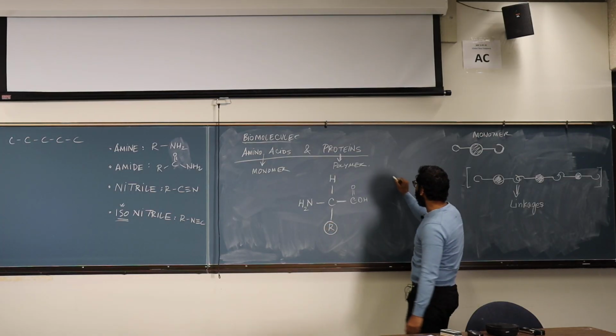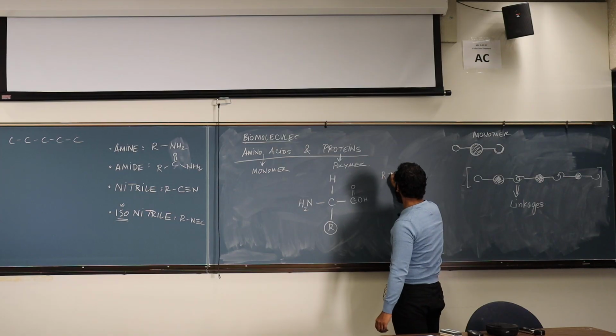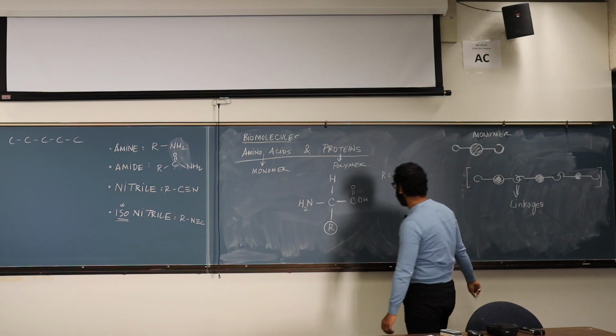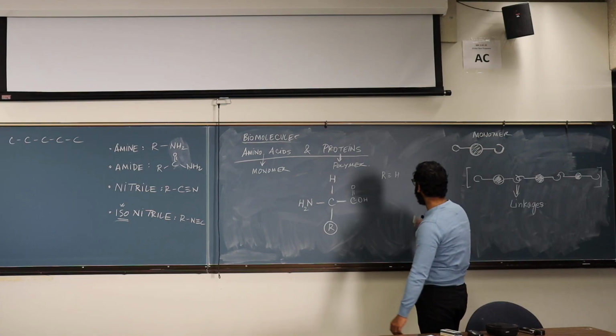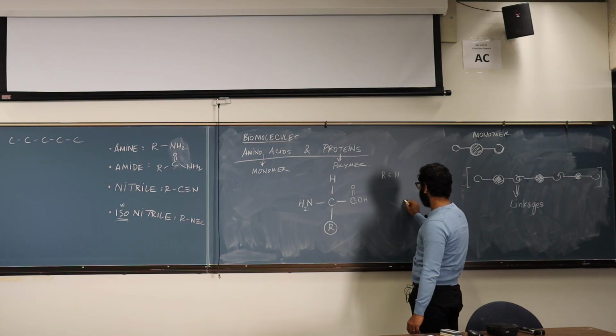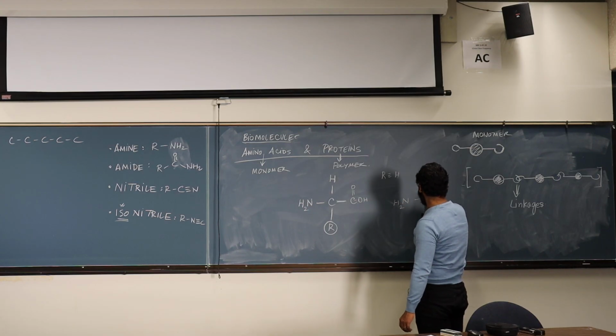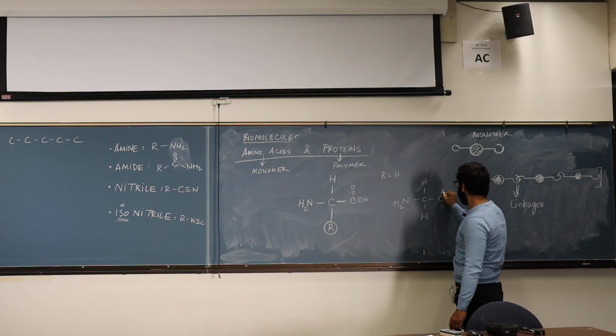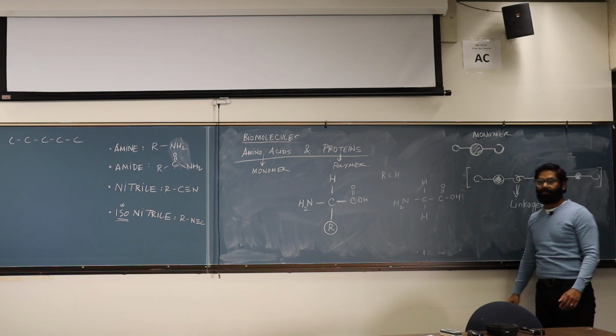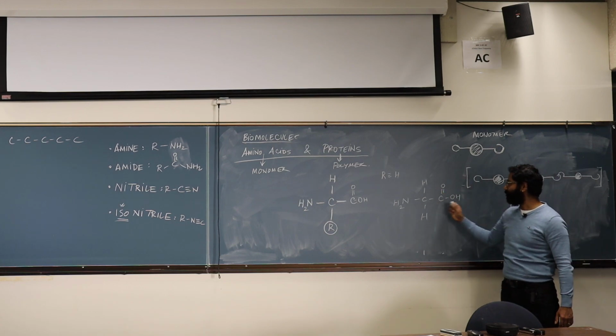Now, when this R becomes hydrogen, what will be the formula for this thing? What will be that compound? How will you represent that compound? NH2, this and this is hydrogen, NH2 and COOH.